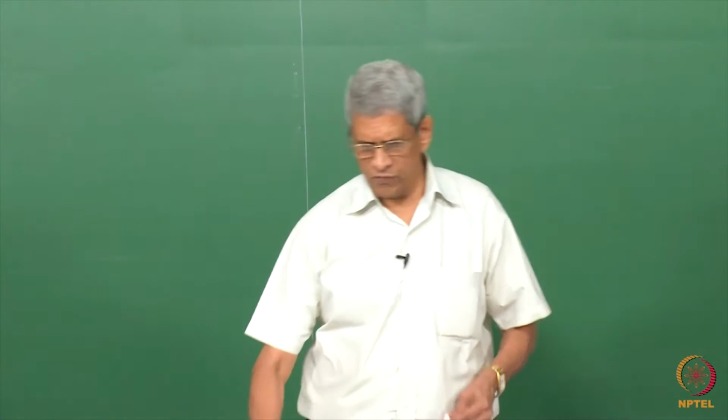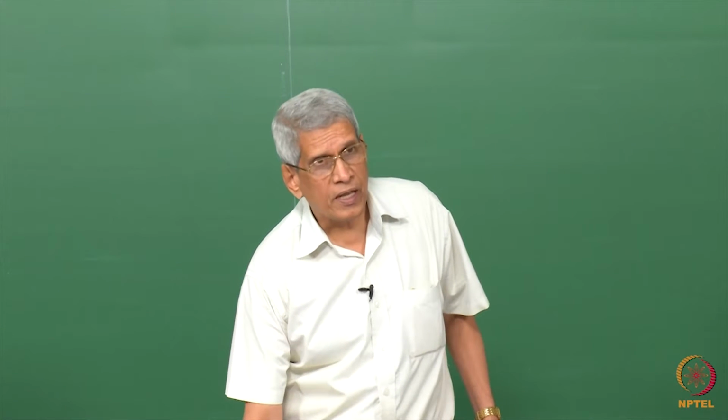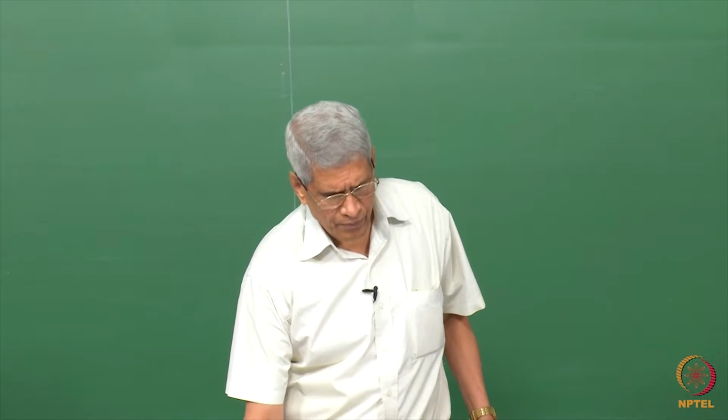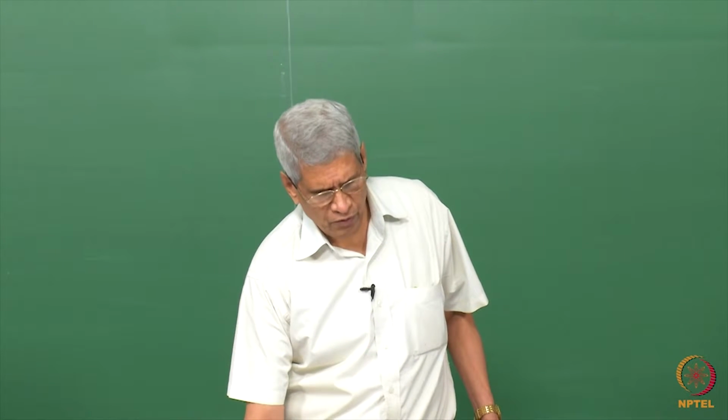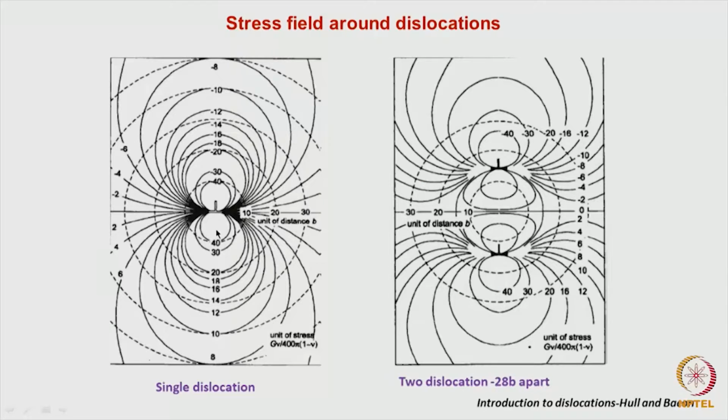If you look at the stress field around a single dislocation, I'm just showing the stress sigma z over an edge dislocation. If a single dislocation is there, this is the way the isocontours of the stresses are shown, both tensile as well as compressive.